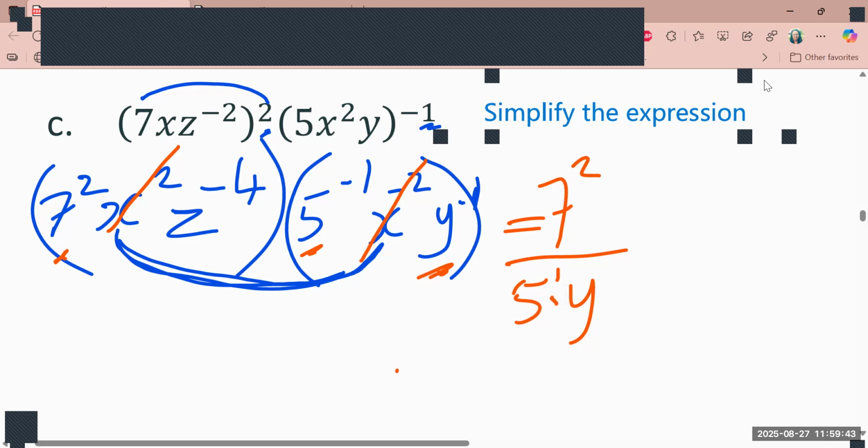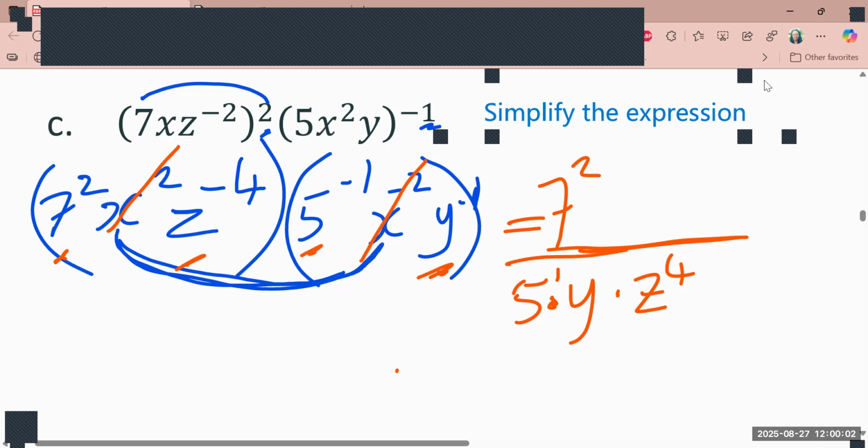Z has a negative exponent, so it becomes z to the power 4. Notice that when I move the exponent to the denominator, it changes sign.